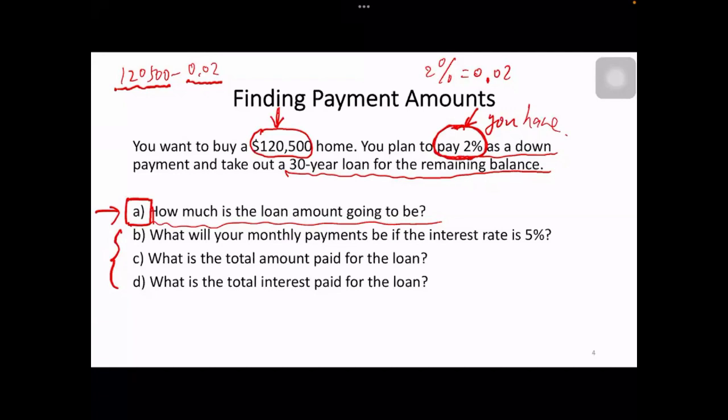Will you divide 120,500 by 0.02? Okay, you said divided by this. That's another opinion. So divided by 0.02, what are you trying to get? You're trying to get the loan amount? Yes, ma'am. Okay, all right. Thank you. That's another opinion. Anybody else like to share your opinion?